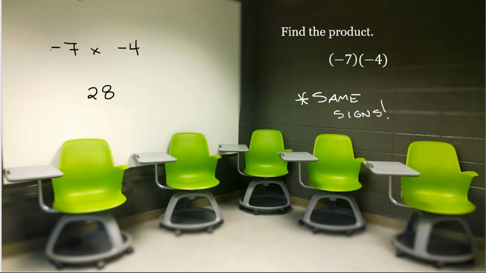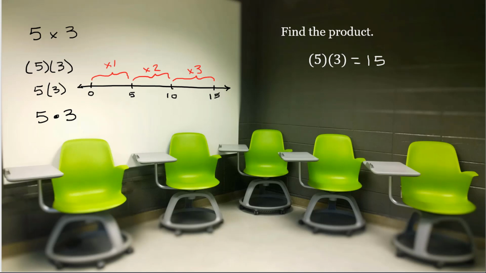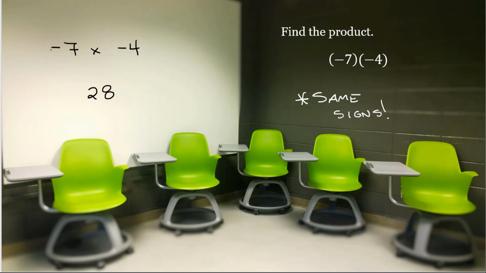And we will talk in detail in class why the product of two negatives is a positive. But just like in our first example, when the signs were the same, the product is going to be positive.